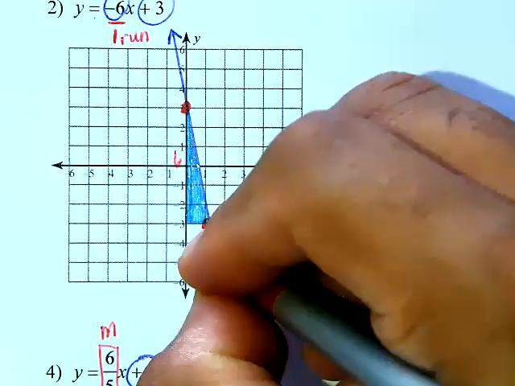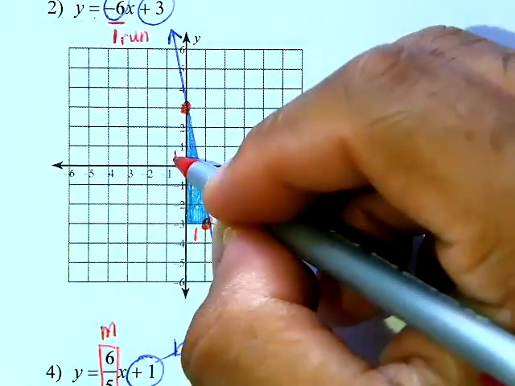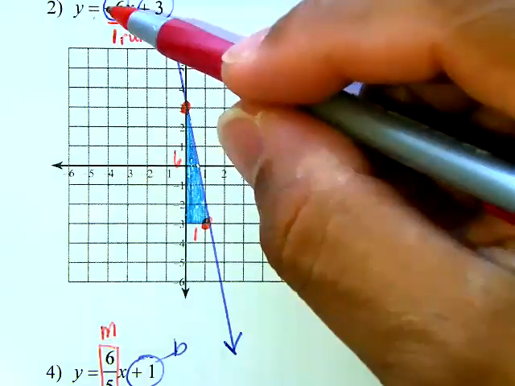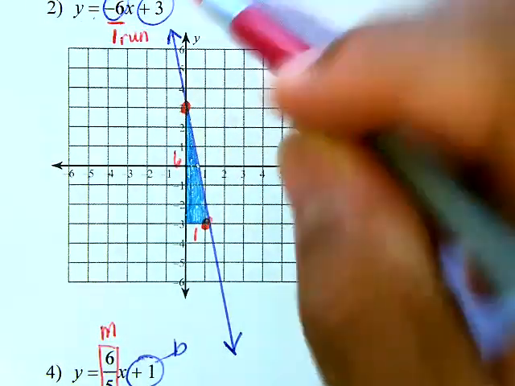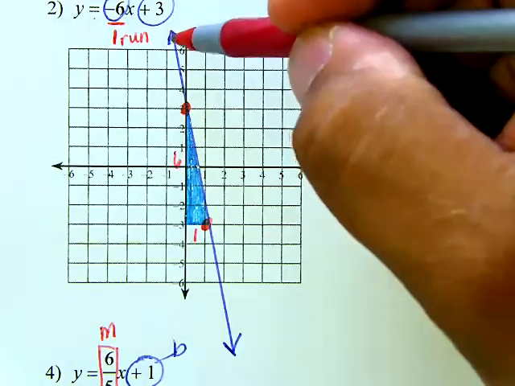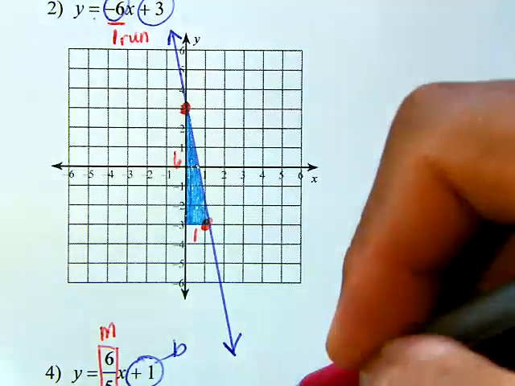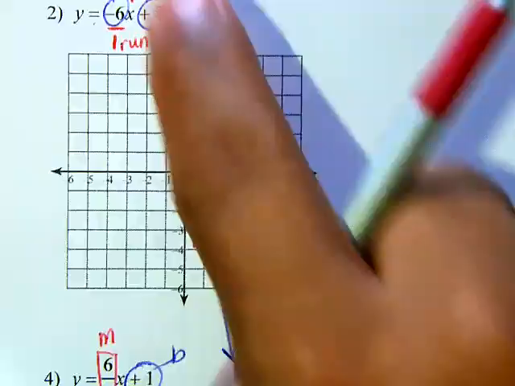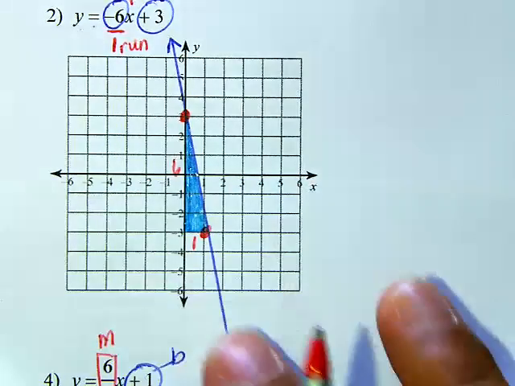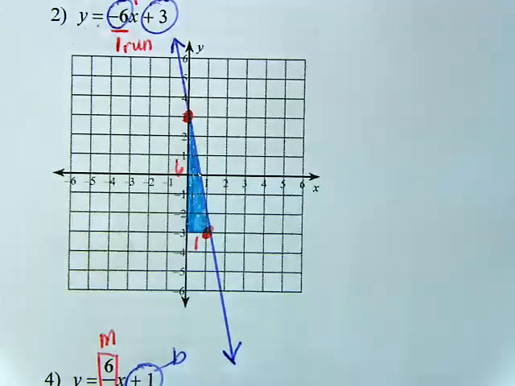It's 6 units long. My run is only 1 unit long. So 6/1. But it's negative because if you look at this line, it's falling from left to right. It's going downhill. So it's a negative slope. So that's where we get our negative 6/1 from.